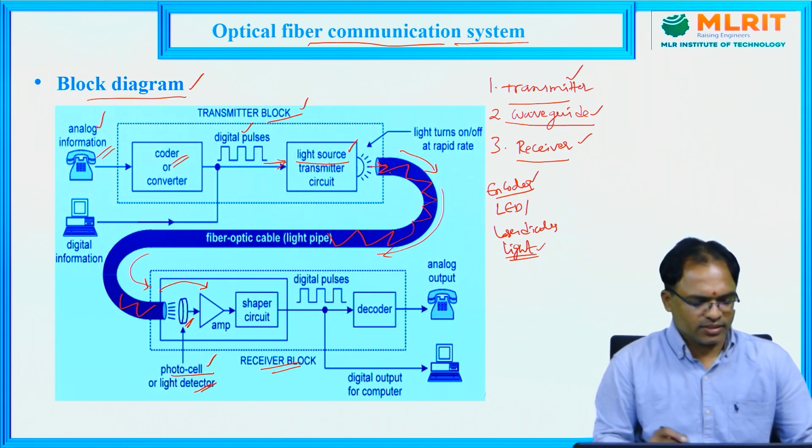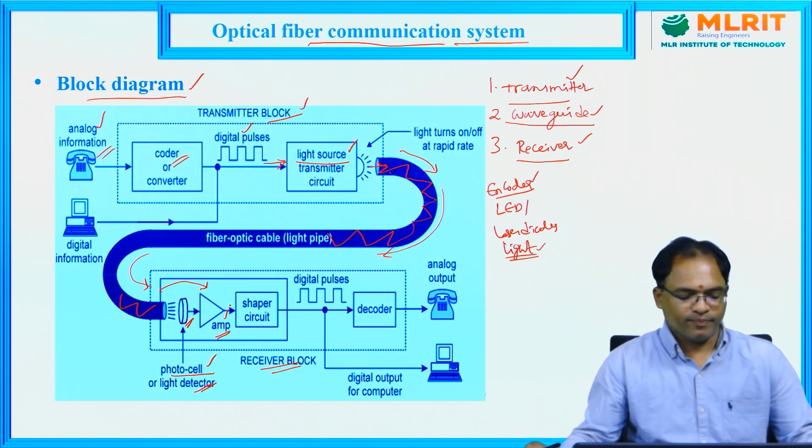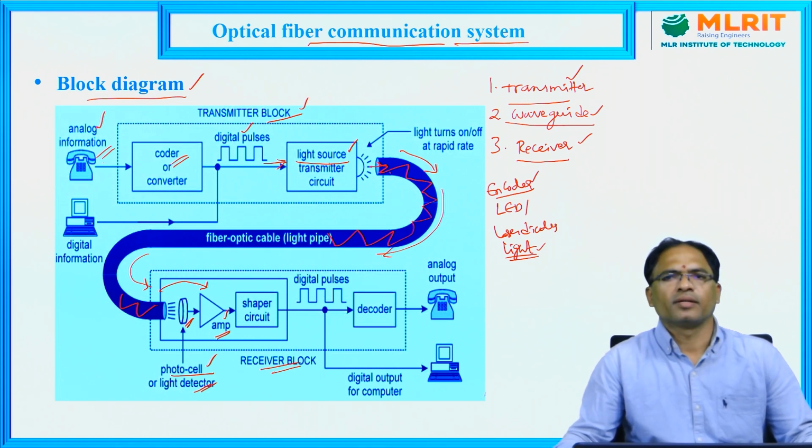Now these electrical signals are amplified with the help of an amplifier. Amplification is nothing but the process of strengthening the signals. When light is moving from transmitter to receiver, signal weakening takes place.